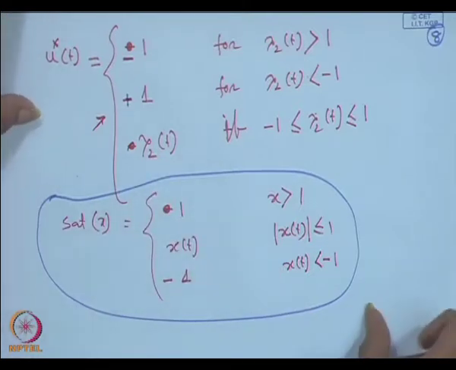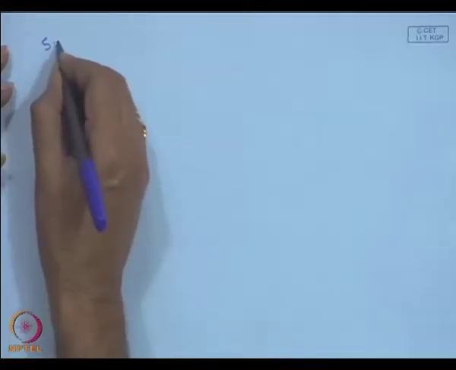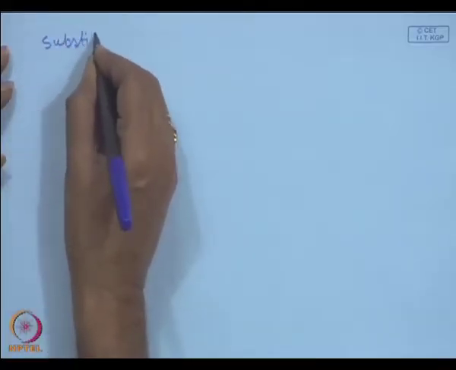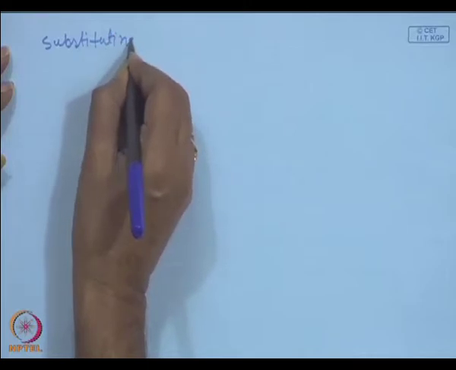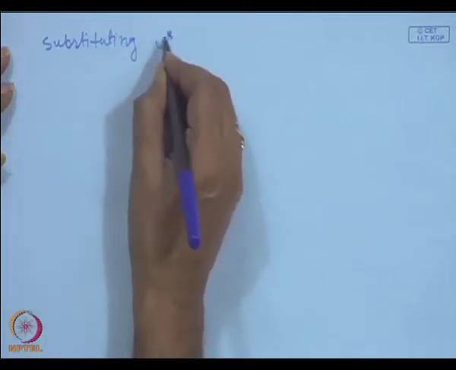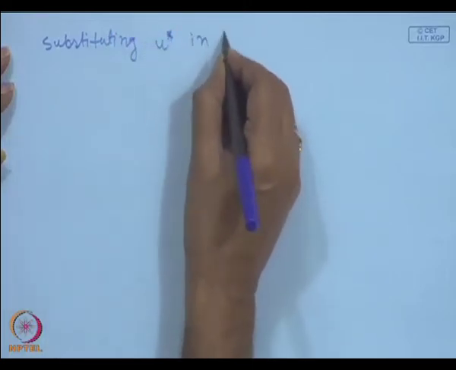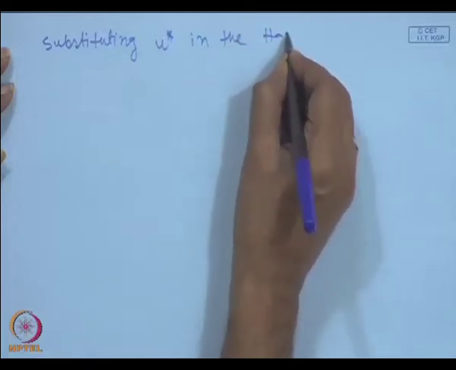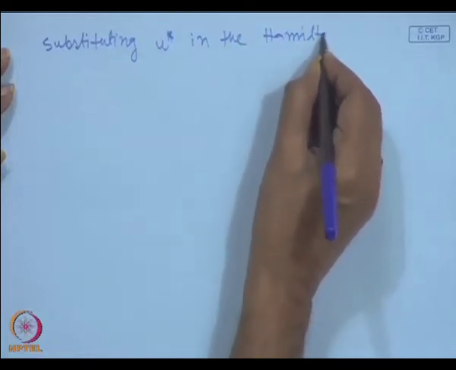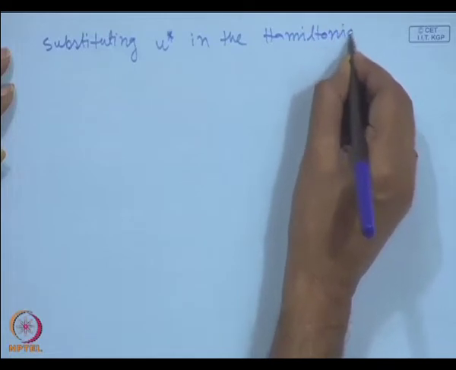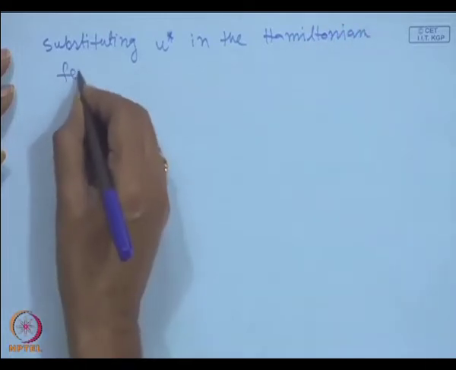So, next what we have to do? Then we have to solve these problems. So, substituting u star in the Hamiltonian function.